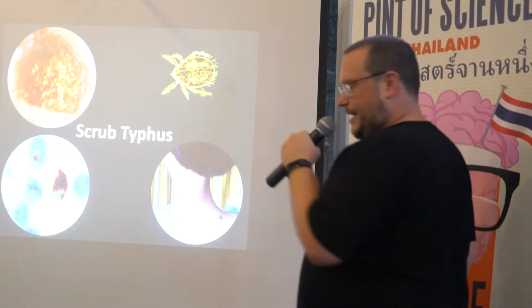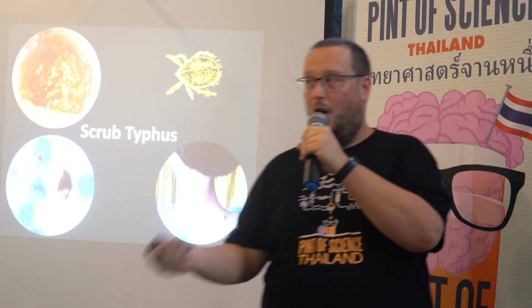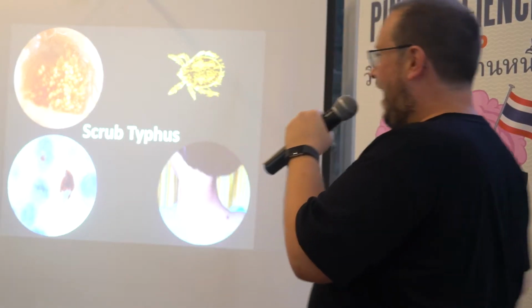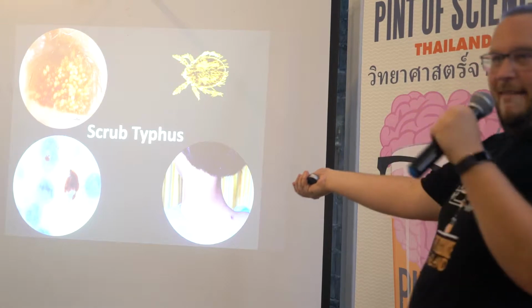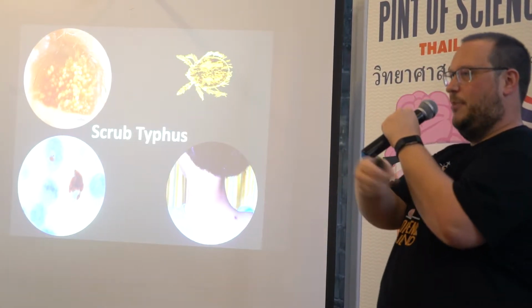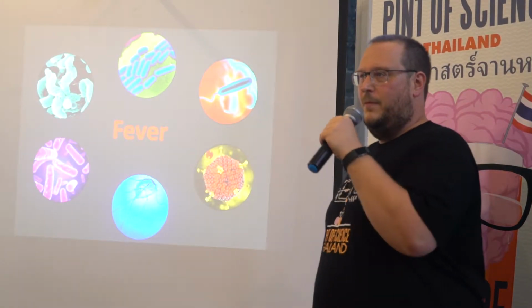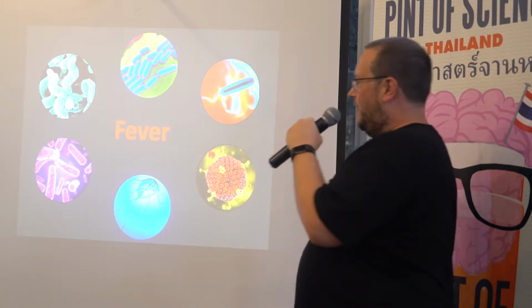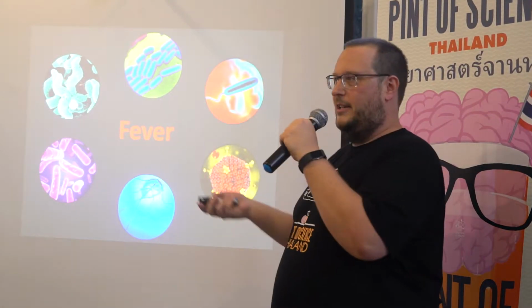The problem with this, and that is also a problem with many of the other diseases, is that unless you actually find the spot where they live in, that usually comes as a tiny black hole, looks like a cigarette burn or something, the only thing you get is a fever with many of these. So it can be any of these bugs, but the only thing we see in a patient is that he has a fever.